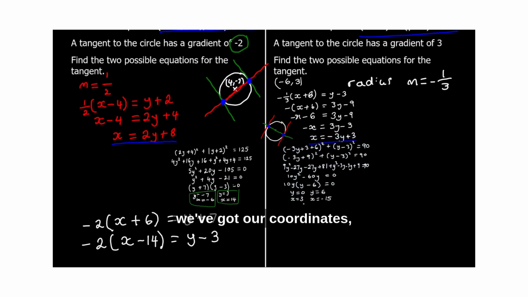So we've got our coordinates and we've got our gradient. So for the tangent, we know the gradient is 3. We know the coordinates.